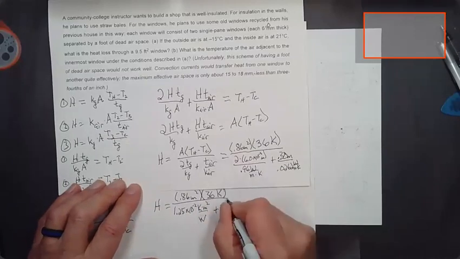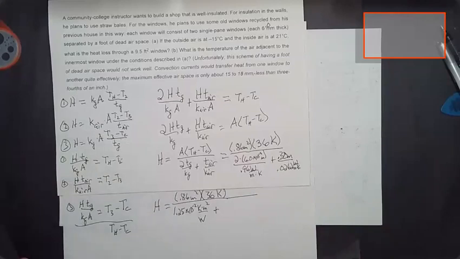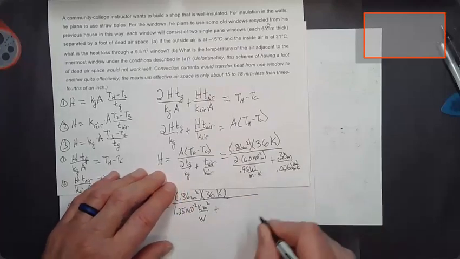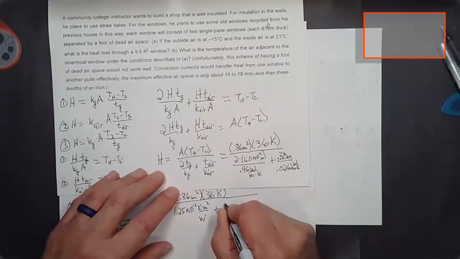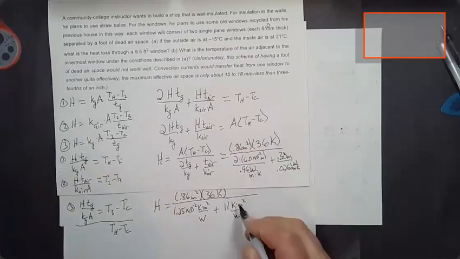And then I also add to that 0.30 divided by 0.0262. Which ends up being 11.5. Let's see, 2 sig figs, yeah, 11 Kelvin meters squared per watt.